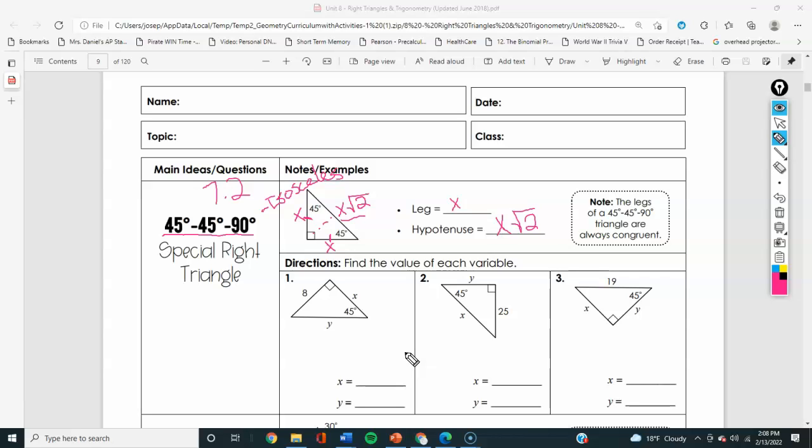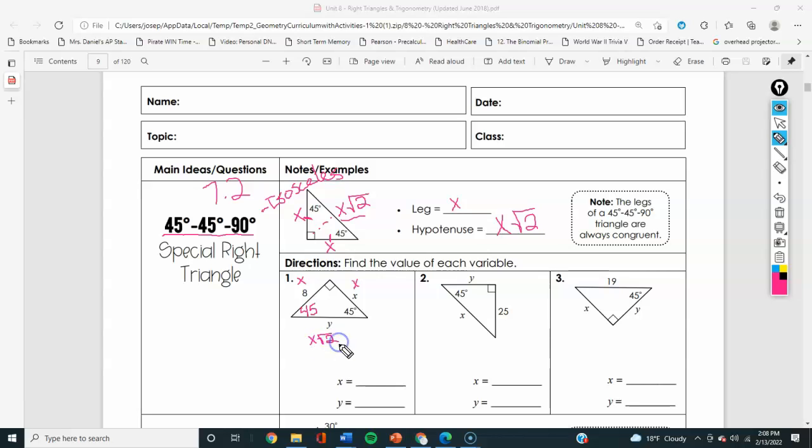Alright, so let's take a look down here at number 1. We have a 45-45, because if that's 90, you could do some math. You're going to realize right away that this is a 45-45 right triangle. Now, I know there's x's and y's, and that can really throw people off. I tend to ignore these, and I think about it like I have my x, and then my x root 2.